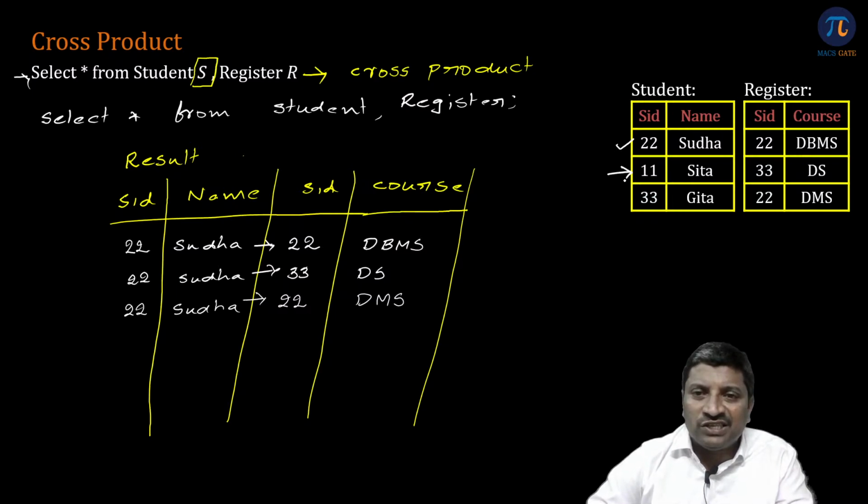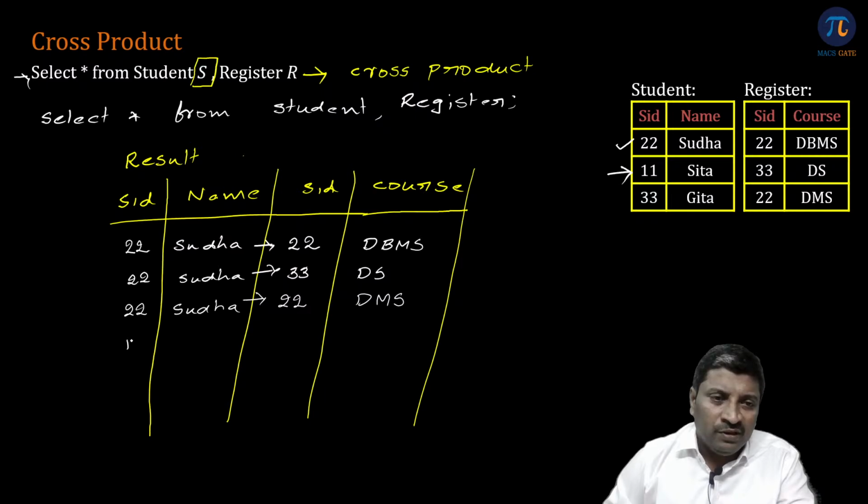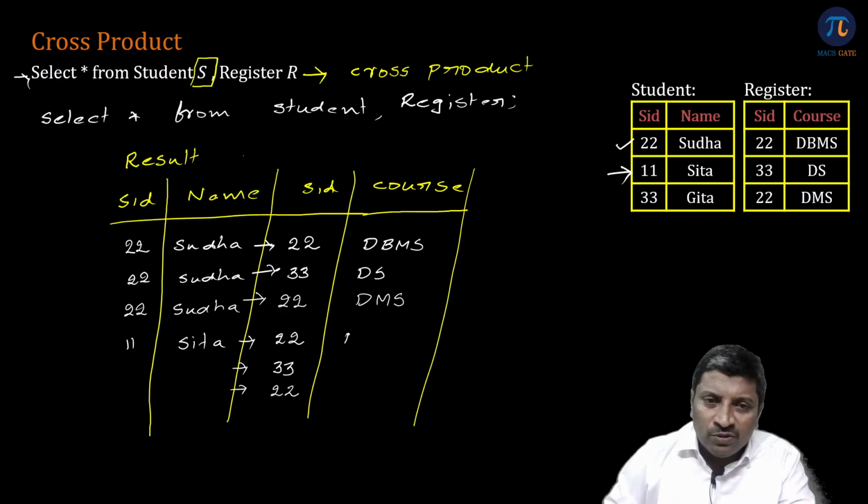Let us consider the second record, Sita. The same process we need to do, sir. So for Sita, again map with 3 records. What are the 3 records, sir? 22, 33, 22. So the first one is 22 DBMS, 33 DS, 22 DMS. So this is for Sita.